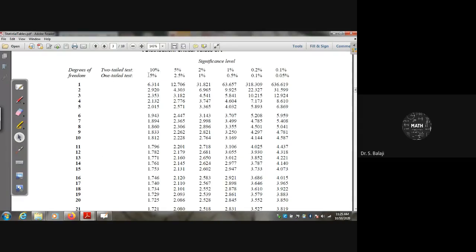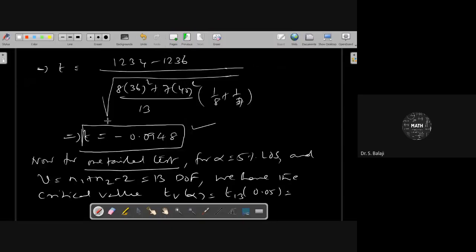From the table of values, for 13 degrees of freedom and 5% level of significance for a one tail test, your answer will be 1.771. So the critical value is equal to 1.771.